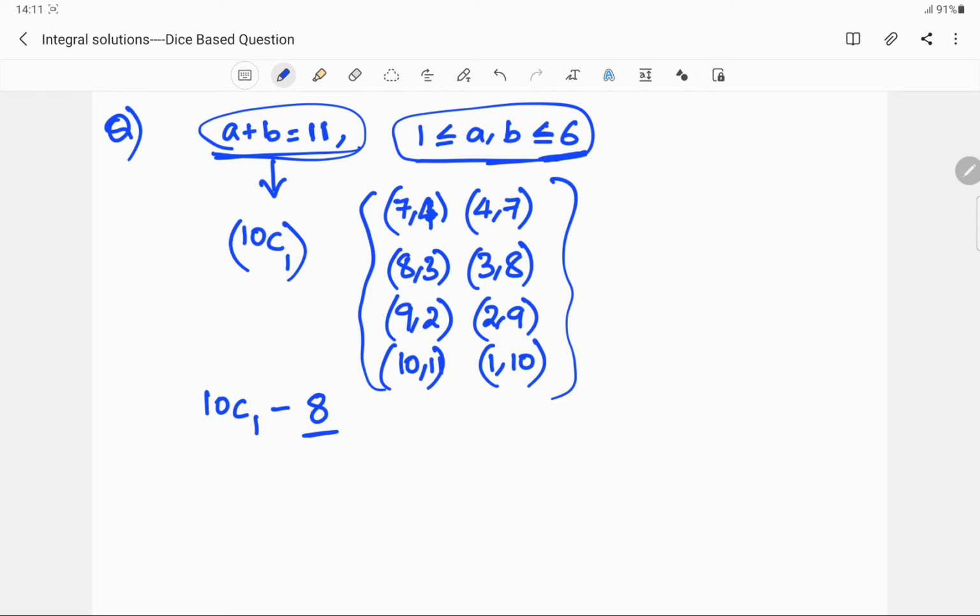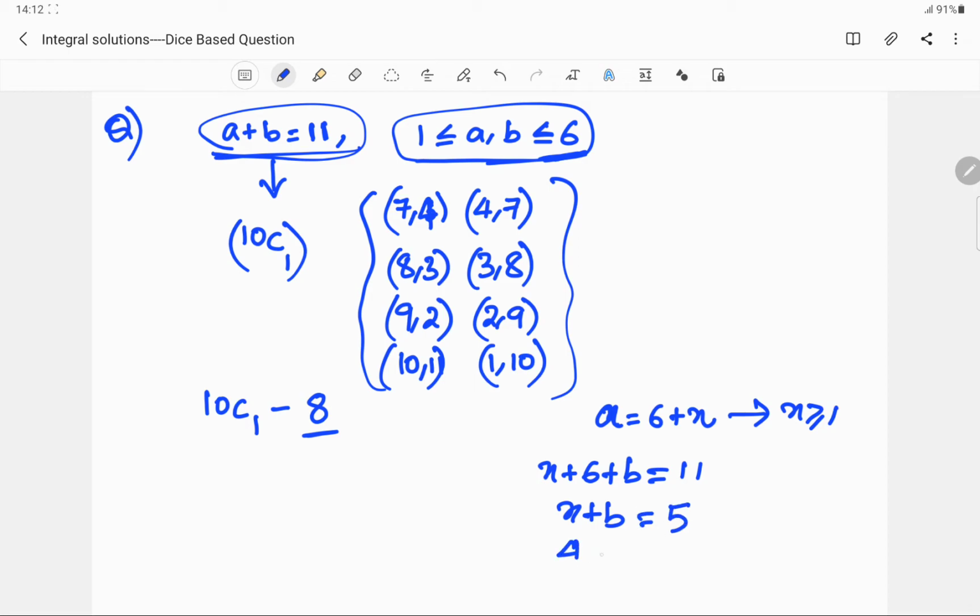Now instead of subtracting these 8 cases, what we can do is simply put a as 6 plus x when a is greater than 6, and substitute it in that equation. This would be 6 plus b equals 11. So x plus b equals 5, and here x is greater than or equal to 1. 5 means there are 4 gaps.